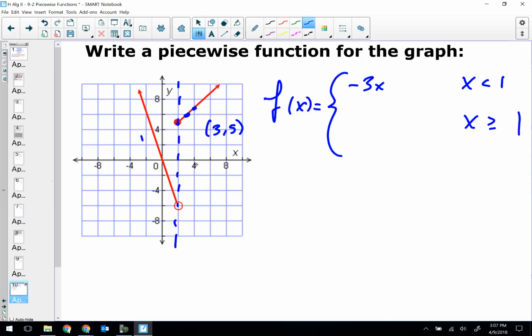And then I've got 4, comma, let's estimate that to be 7. 4, comma 7, right? So I'm rising, because look, they're going up by 2s. I'm rising 1 and running 2, right? Oh, that's why. They're going up by 2s.